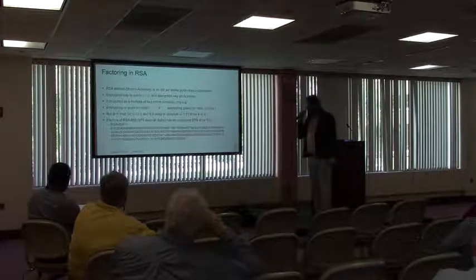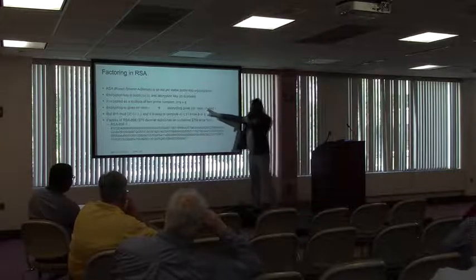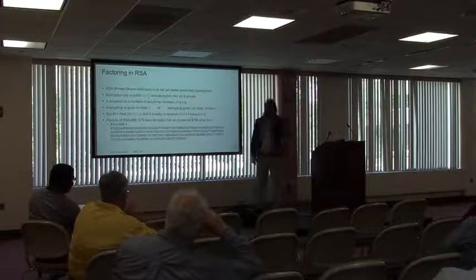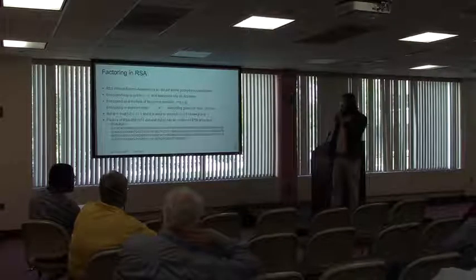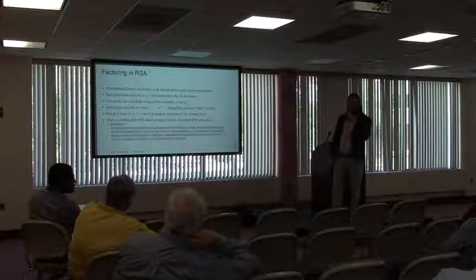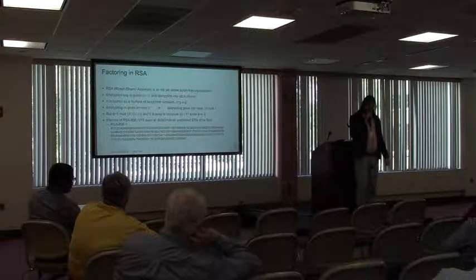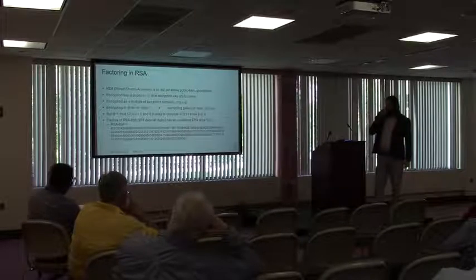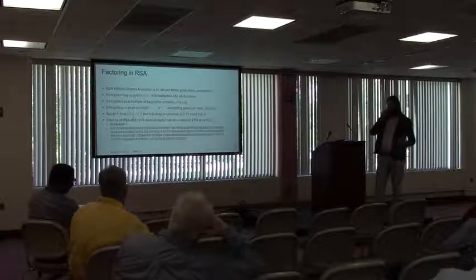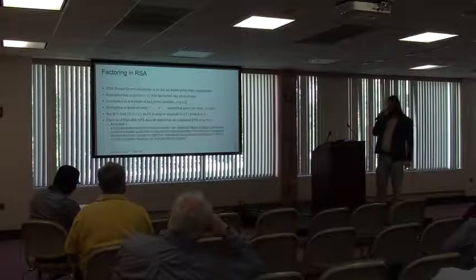And the receiver is going to receive that, take a power of D using his own private key, and then take a modulus with respect to n to decrypt the number.